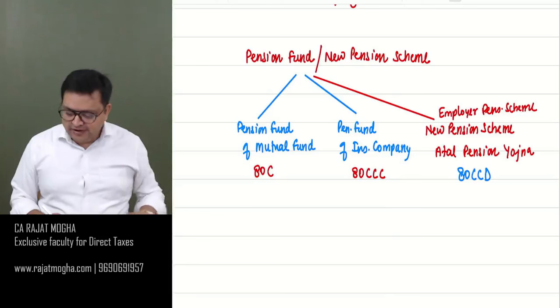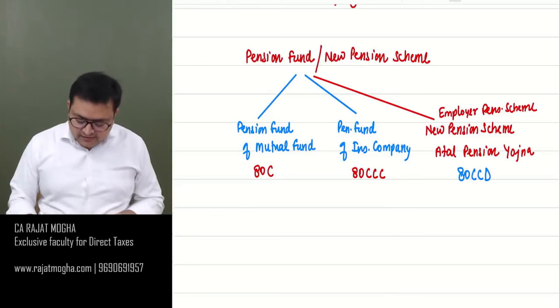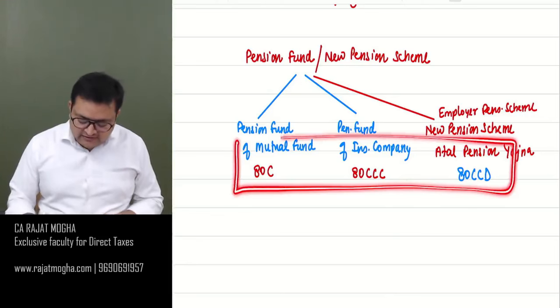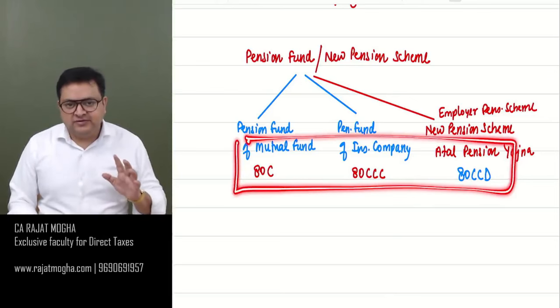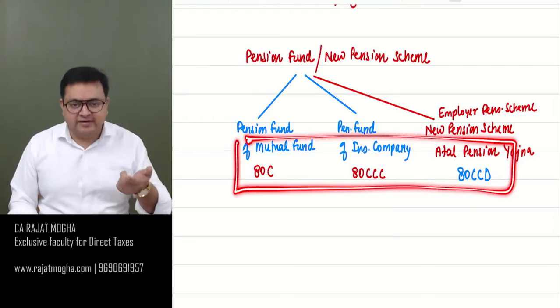And we know one more point, that the total limit under these three sections is 1,50,000 rupees. No, I will rectify myself.